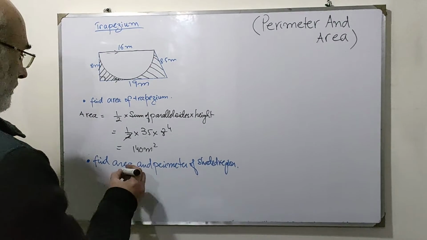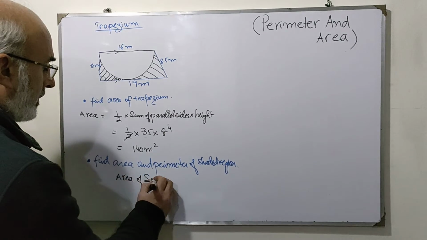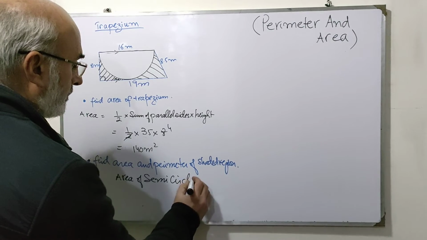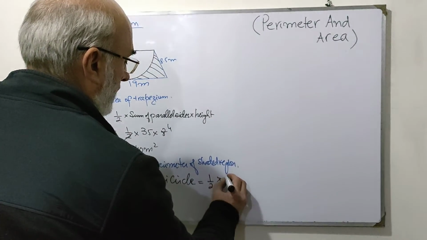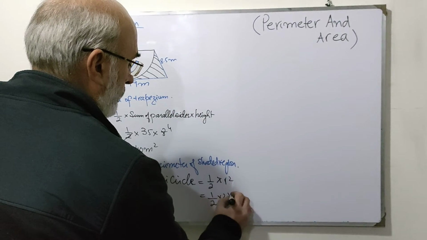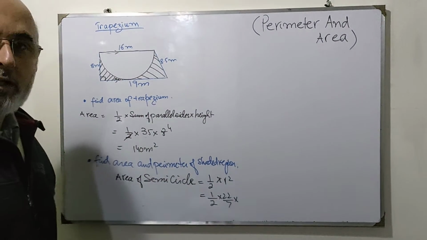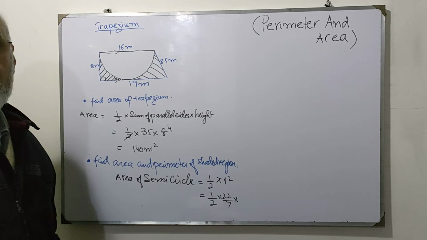Area of semicircle equals 1 over 2 pi r square, which is 1 over 2 into 22 over 7 into. Now, what is the radius of the semicircle?